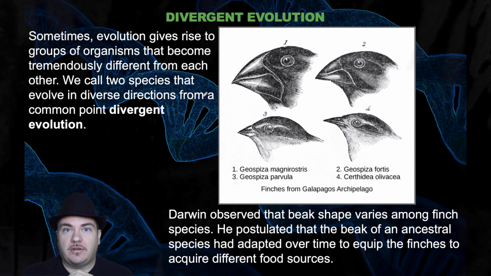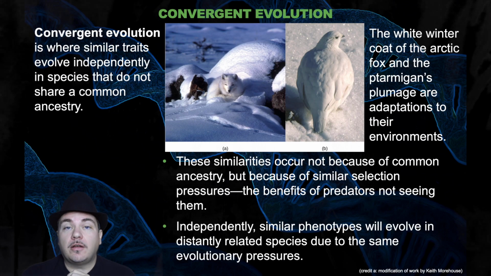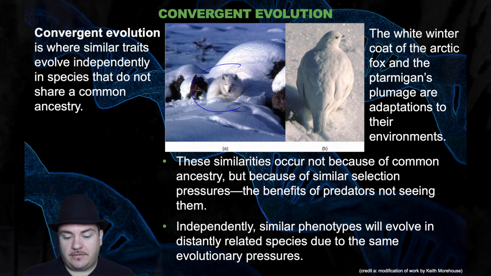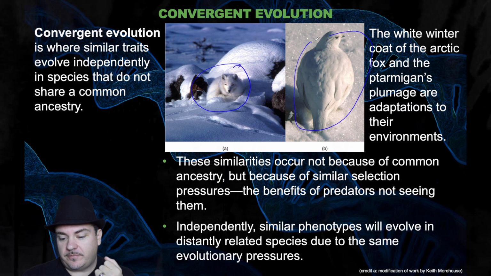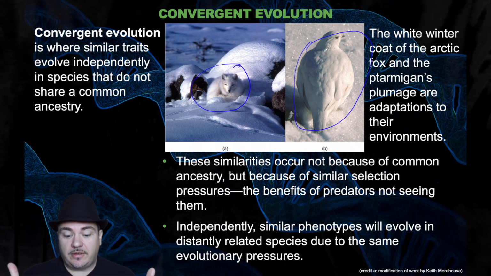That's divergent evolution. Another example is convergent evolution. Convergent evolution is where similar traits evolve independently in species that do not share a recent common ancestor. For example, the white winter coat of the Arctic fox and the plumage of this bird are adaptations to their environments. They both have this white color to them.